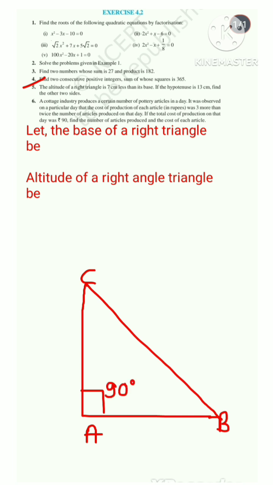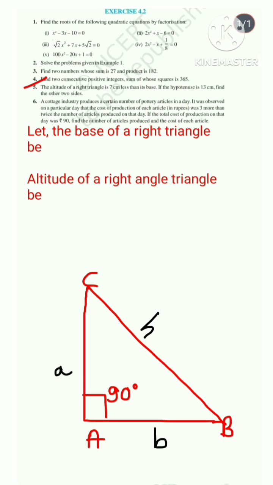And as we know, the side opposite to 90° is the hypotenuse. So side BC is hypotenuse and side AC is altitude and side AB is base. Now, according to the given condition, the altitude of a right triangle is 7 cm less than its base.